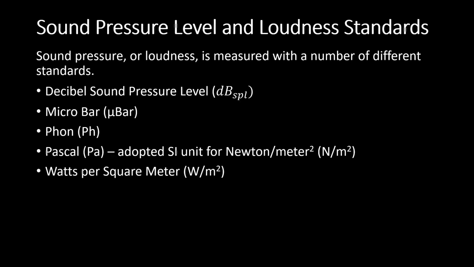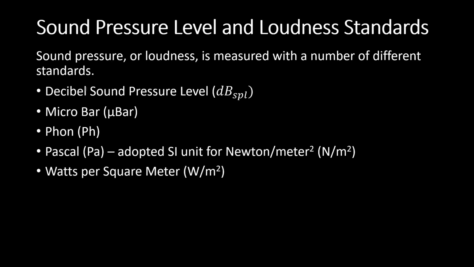So sound pressure or loudness is measured with a number of different standards, and you've heard about a few of these already. You've heard about the watts per meter squared at the bottom there, and you've heard about dBSPL and microbars and phons, and the other one is Pascal, which is newtons per meter squared.